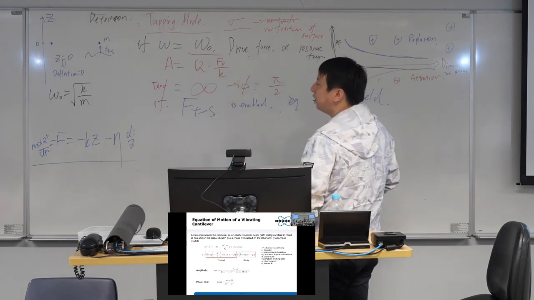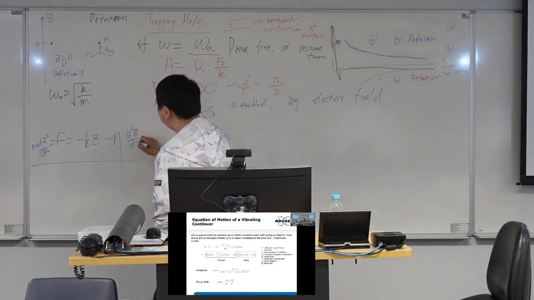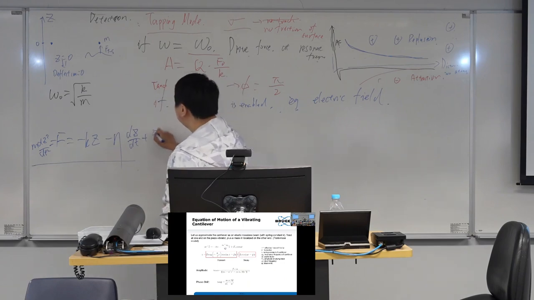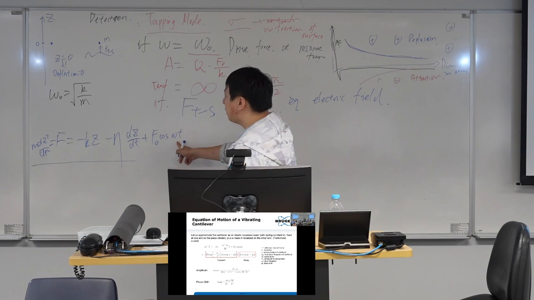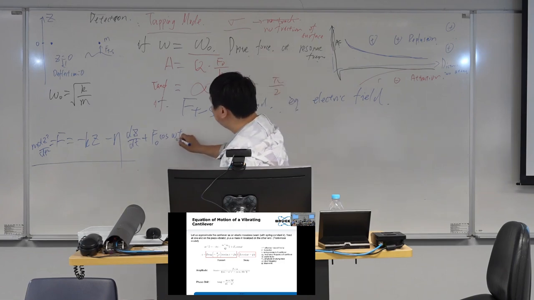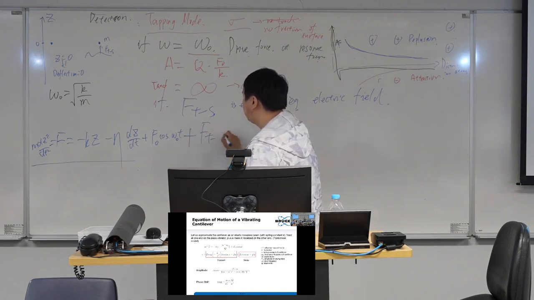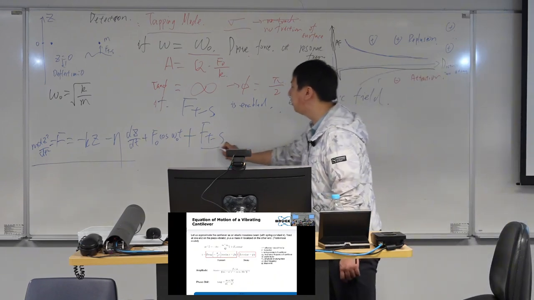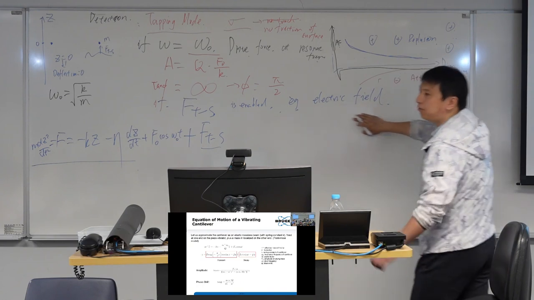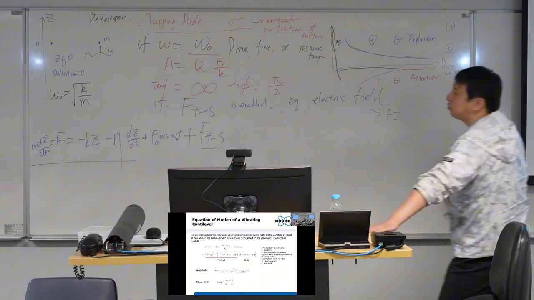So we still write it down. It is something like d0 dt plus the drive signal cosine omega t. I directly drive at the resonance here, so omega 0 t, and then plus the FPS. How do we process the FPS here? We know it's the electric field force. The electric field force equals what?